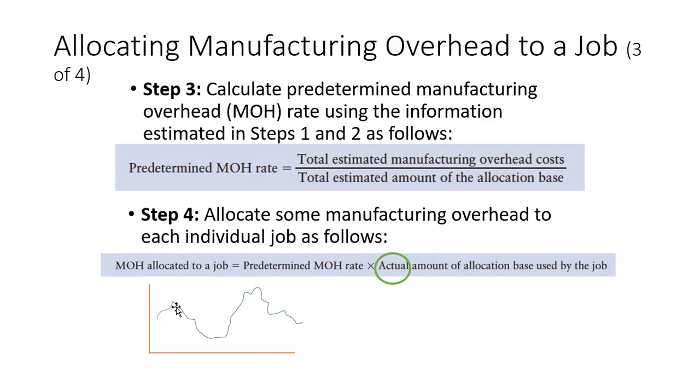These numbers don't come in on a nice even monthly basis. So if we used actual overhead, that overhead rate would be all over the place all the time. So what we do is we come up with a predetermined rate based on what we really think our costs are going to be and divide that by a really good allocation base, the best we can come up with, and that's how we allocate it to the job.